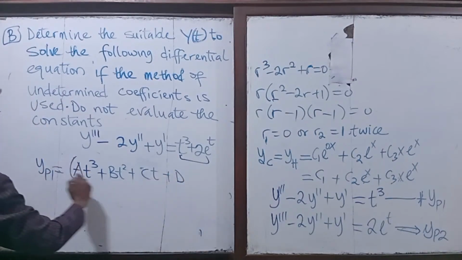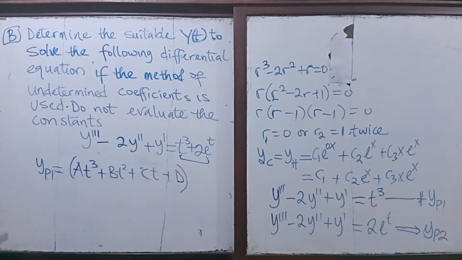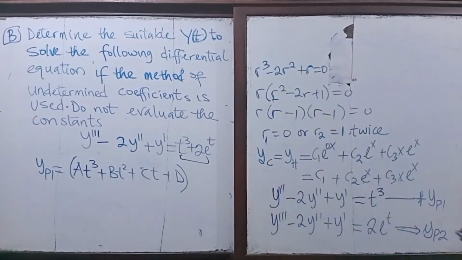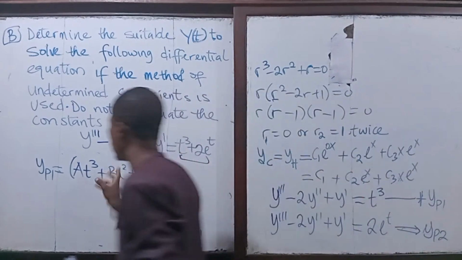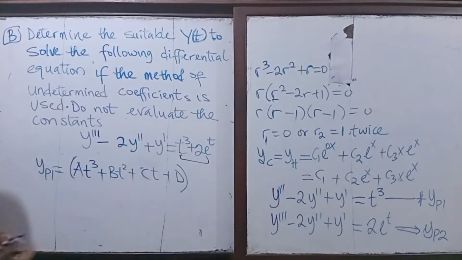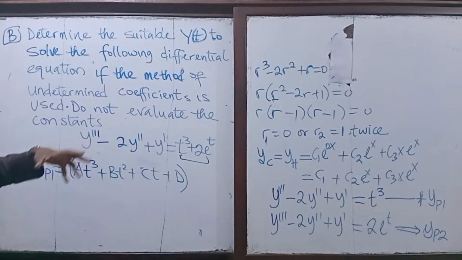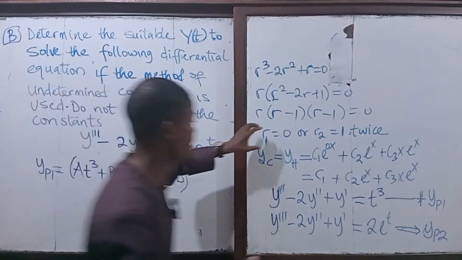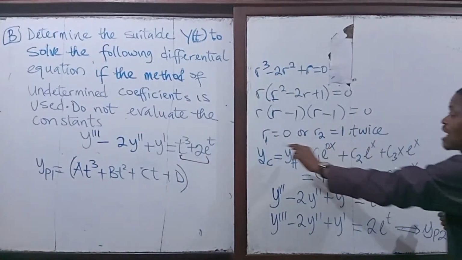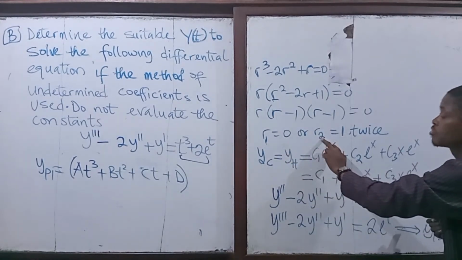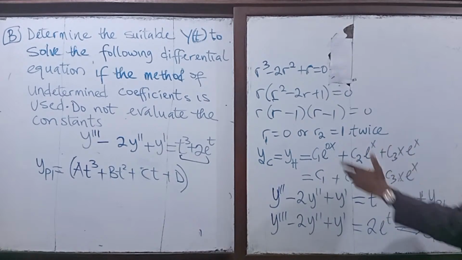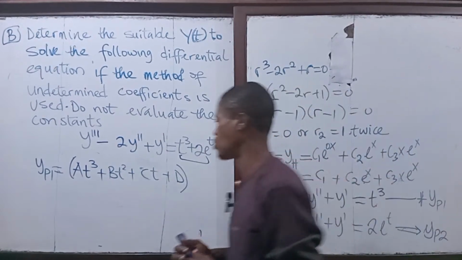We're going to check the auxiliary equation, the homogeneous part, and see if there's anyone that has the same form as this particular equation. These are the auxiliary roots: r1 equal to 0 and r2 equal to 1, and the second root is a repeated one.